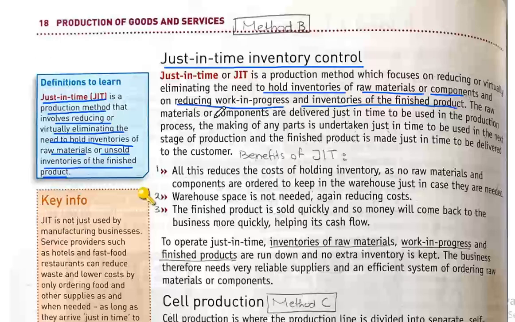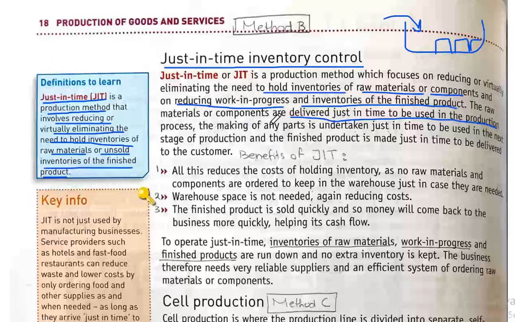The raw material or components are only delivered just in time to be used. So I have here the storage where the inventory is kept. I will only order the raw material, components, or parts that I need for my production just in time, once there is an order by a business, an individual, or a customer.